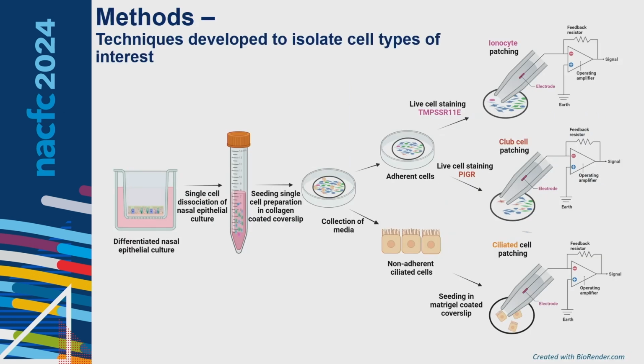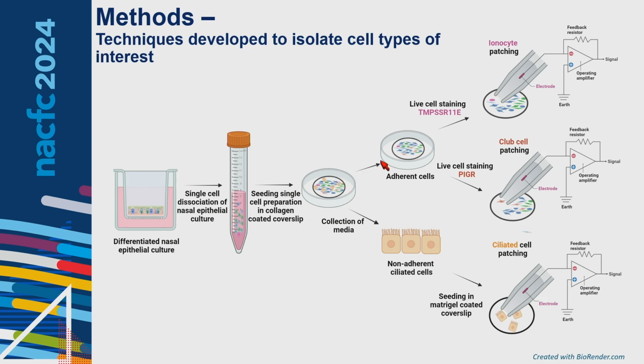For these studies, we cultured nasal epithelial cells to passage 3 and differentiated them at an air-liquid interface for 28 days, after which we carried out single-cell dissociation of these cells. The dissociated cells were then plated on collagen-coated coverslips. We collected the media above the adherent cells, which comprised the non-adherent ciliated cells.